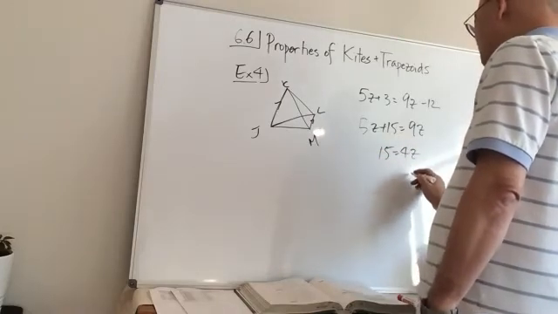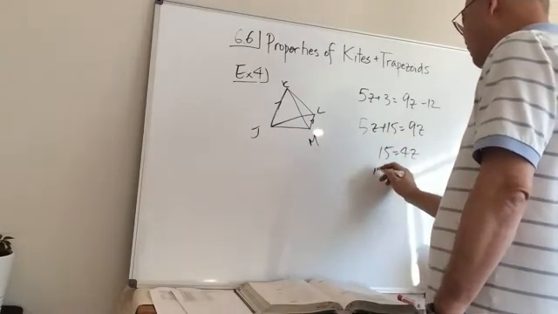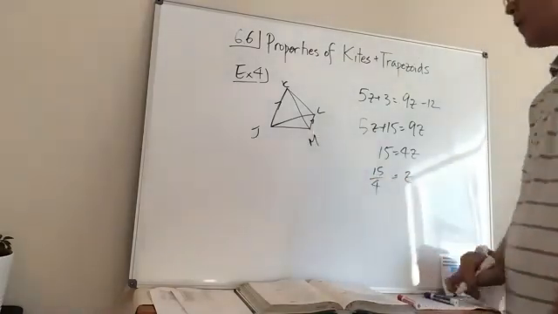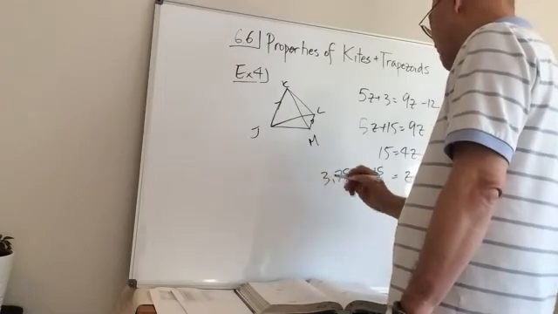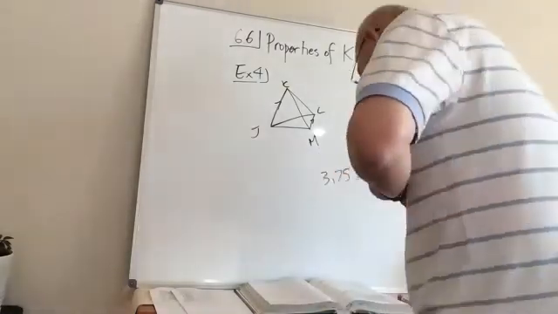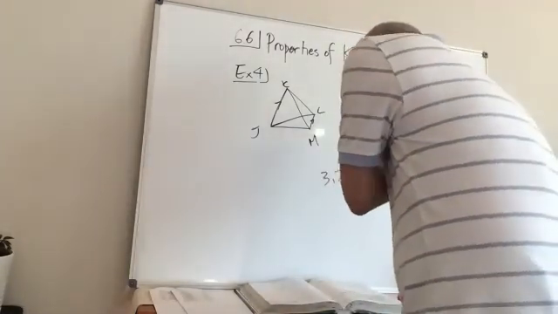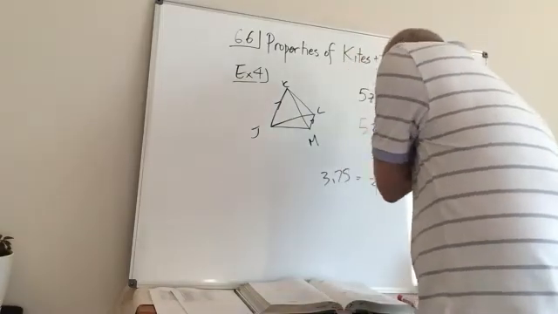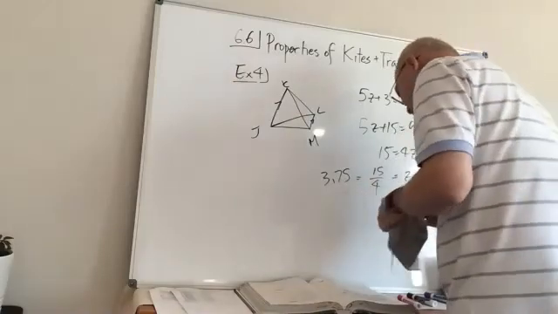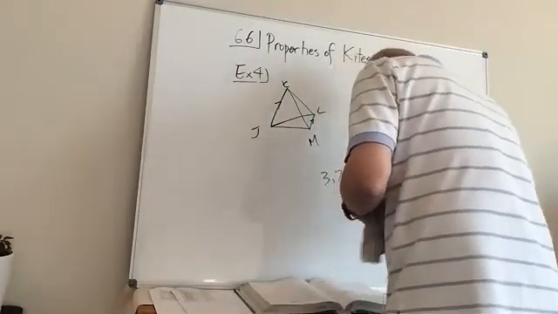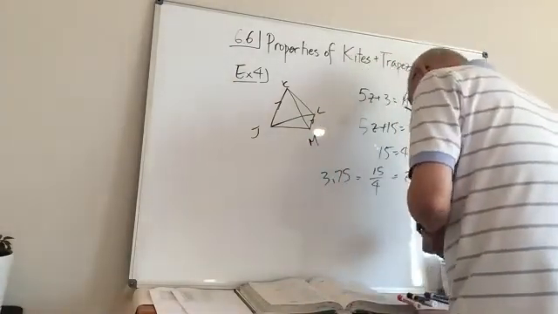Good job. So z would be equal to 15 divided by 4. 3.5. Good work. Thank you. 3.75. Okay.